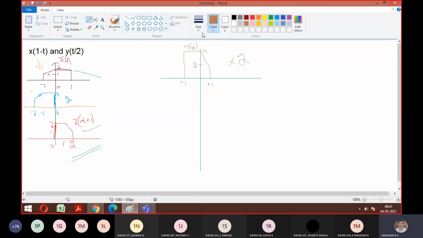The amplitude remains the same; there is no need to worry about the amplitude part. Whatever time period they have given, just keep multiplying by 2. So the signal, instead of starting from -1, starts from -2. This is called expansion.